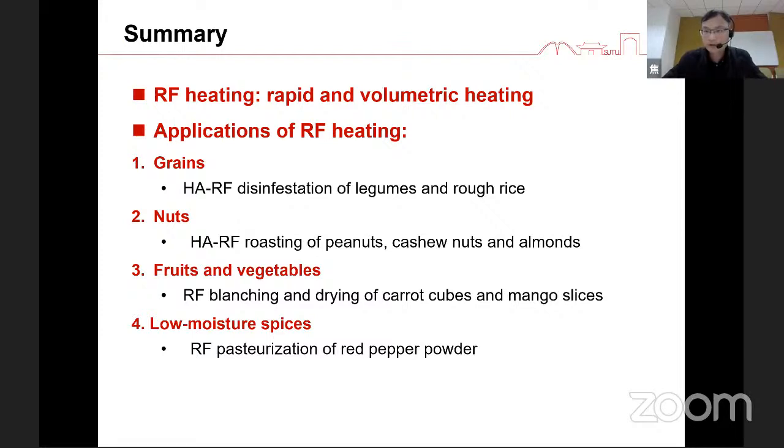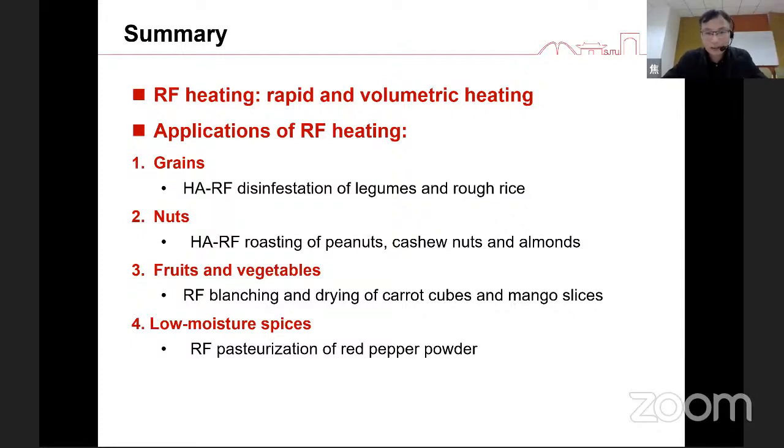Those molecular movements cause the generation of heat inside the food. RF heating can also be used to treat bulk materials with large thickness, and it has a lot of advantages compared with microwave heating, even though both are dielectric heating methods.